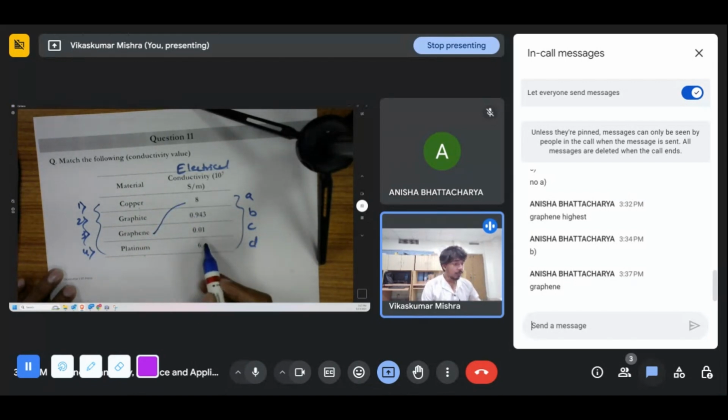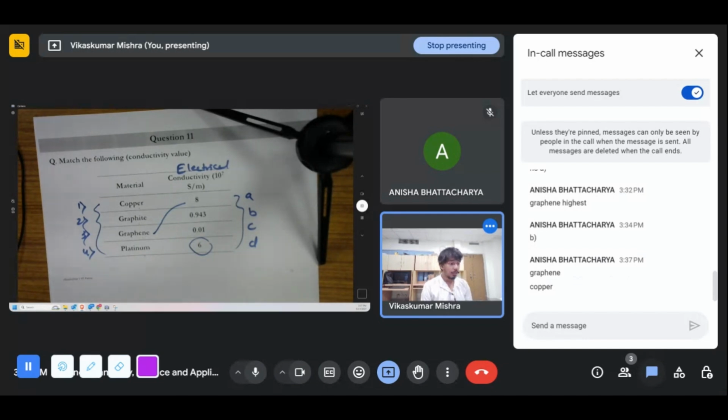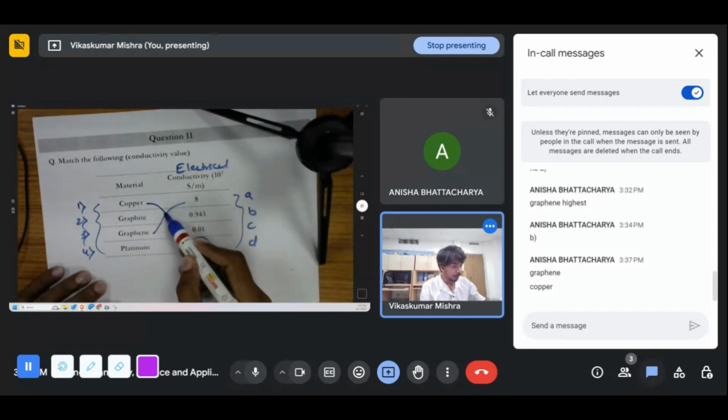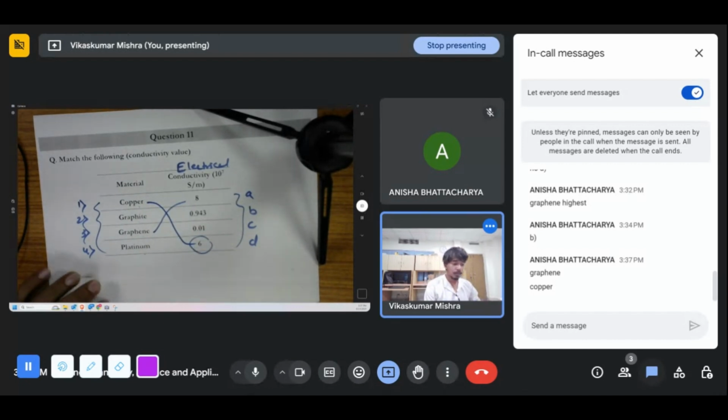Then the next value we are having is 6. So now the competition is between the copper, graphite, and platinum. Among copper, graphite, and platinum, which one will be having the more electrical conductivity value? It's the copper, right? So we can match with the copper. Among the graphite and platinum, let's choose one more value again.